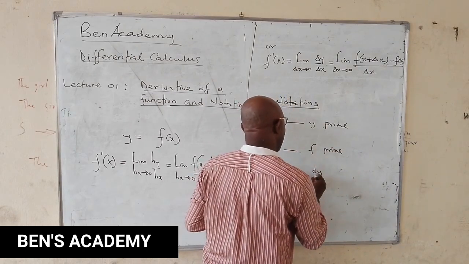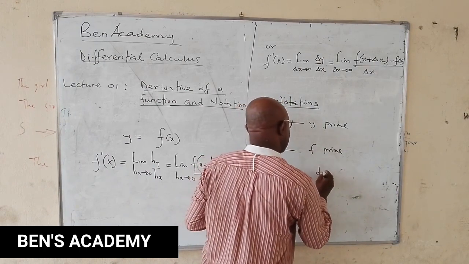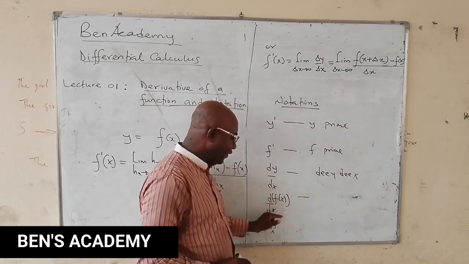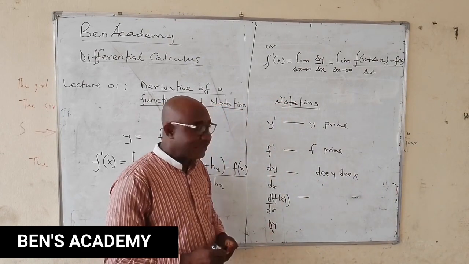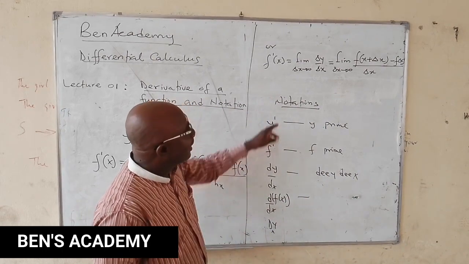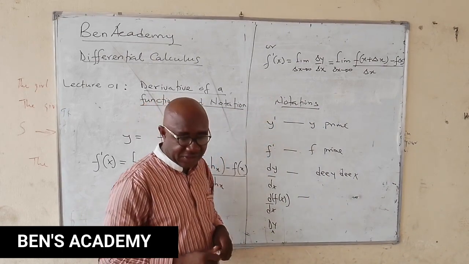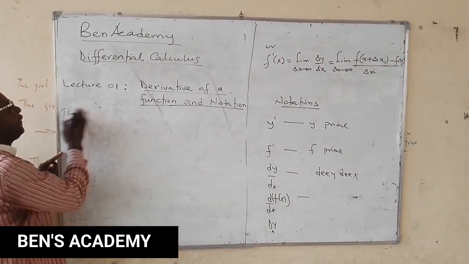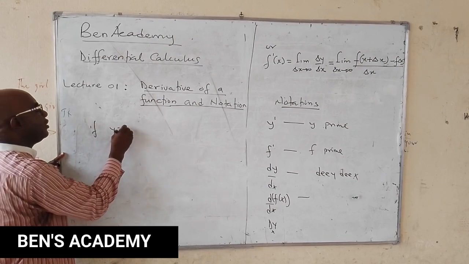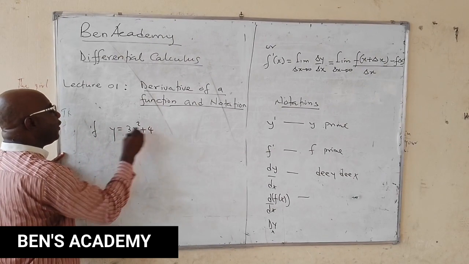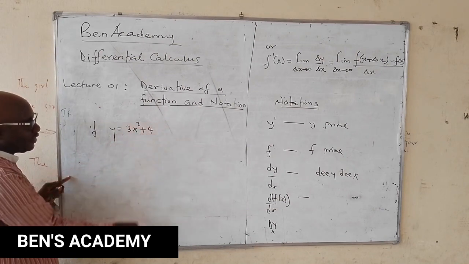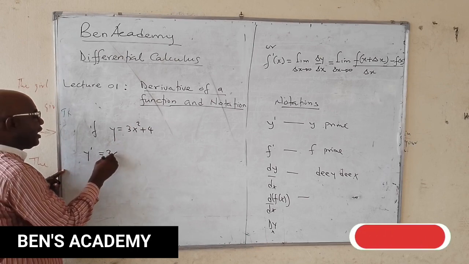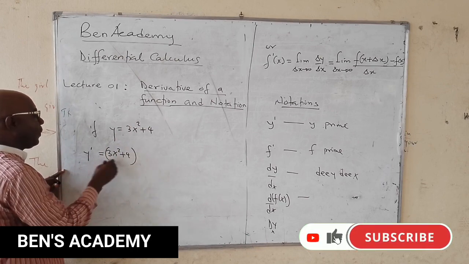Also this is pronounced dy dx. We pronounce this as dy dx. We pronounce this as df of x dx and dy dx. These are different notations that we use whenever we want to differentiate a function. For example, if I have y is equal to 3x squared plus 4, and I'm asked to use any of this notation, if I write y prime, this also means 3x squared plus 4 all prime.